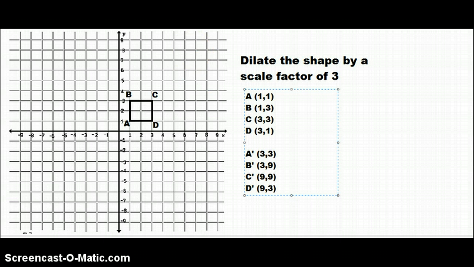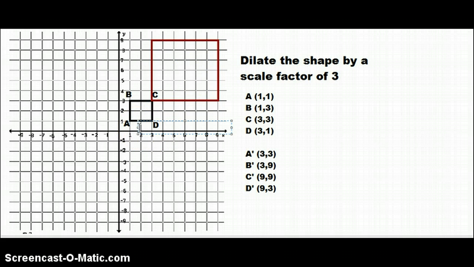Now we graph our new coordinates. Go to 3, 3, 3, 9, 9, 9, and 9, 3. Now we have our new shape. Now let's look at the area of the two boxes.